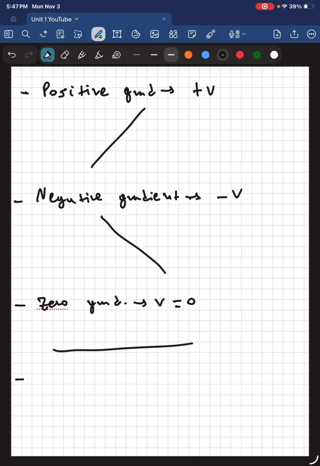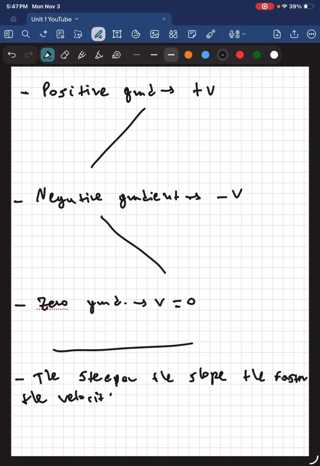Another thing you need to keep in mind is that the steeper the slope, the faster the velocity. And the area under the curve has no physical significance.